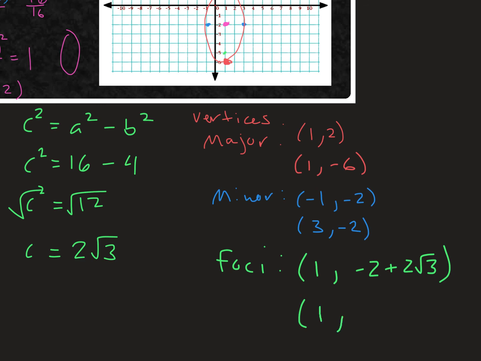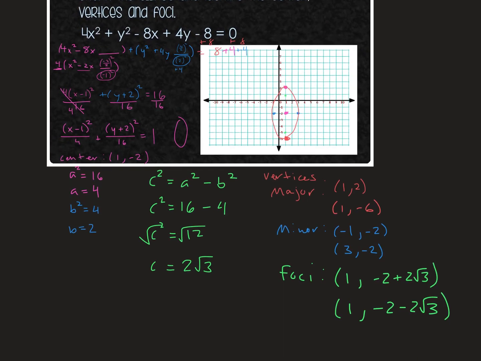The x-coordinate's 1. What would my y-coordinate be? -2 minus 2 square root 3. Awesome. Good work.